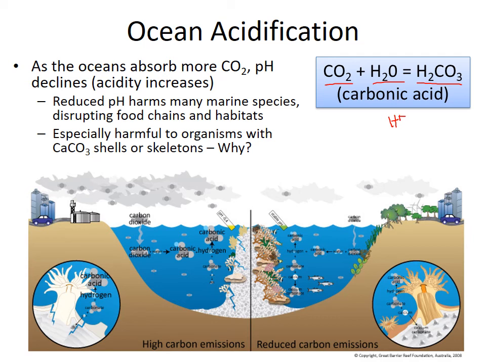And this lowered pH environment of the ocean is disruptive to many marine species, and that has ripple effects throughout food chains and habitats. So on this left side of the diagram here, we see that negative scenario where there's a lot of carbon dioxide pollution entering the ocean, becoming carbonic acid, and reducing the availability of carbonate for the formation of reefs and causing more degradation of the reef framework.